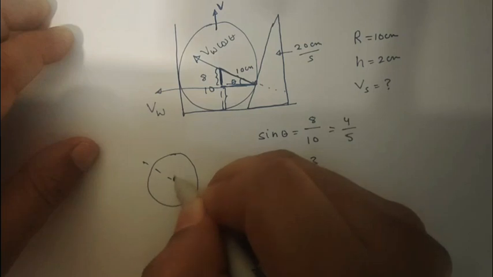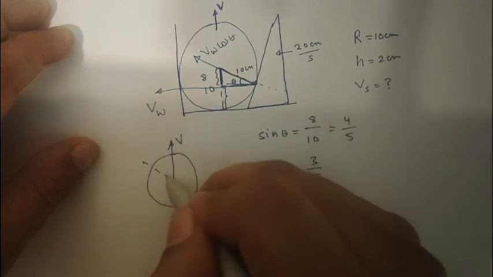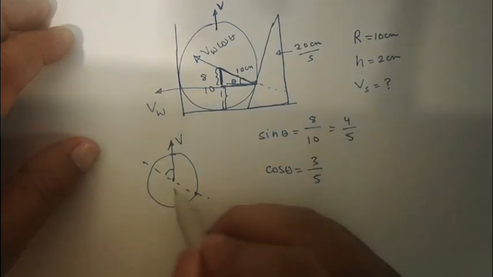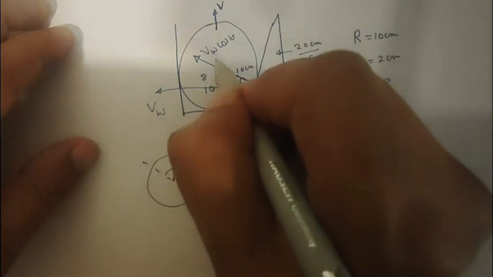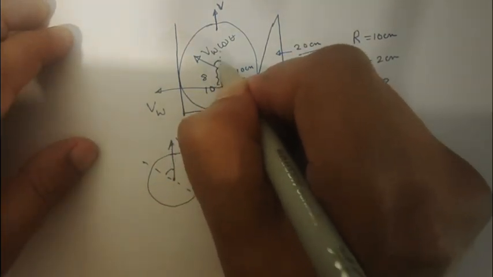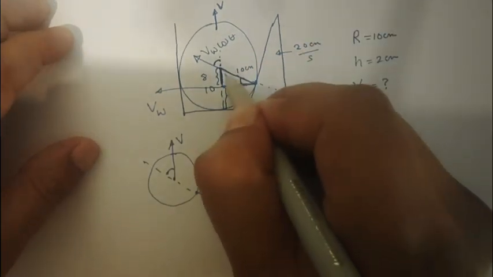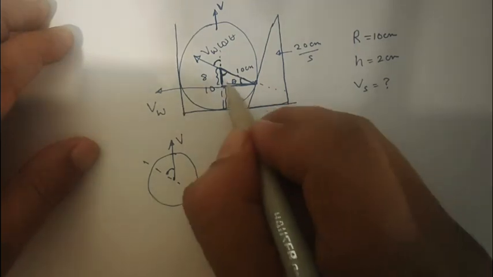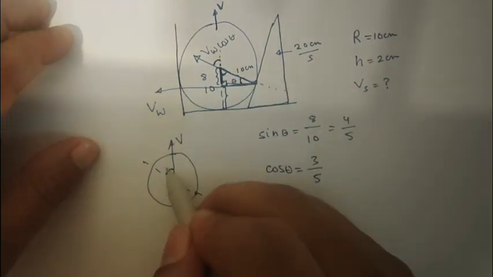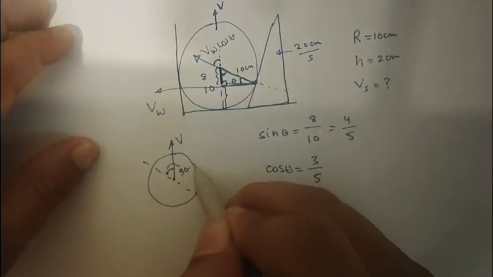And your sphere is going this way with velocity v. This angle will be what? If you see carefully, this angle and this angle are the same. Now this is theta, so this must be 90 minus theta, because this is 90.